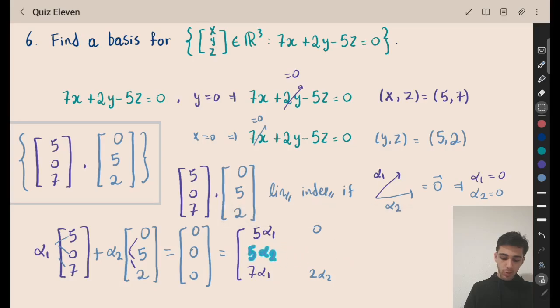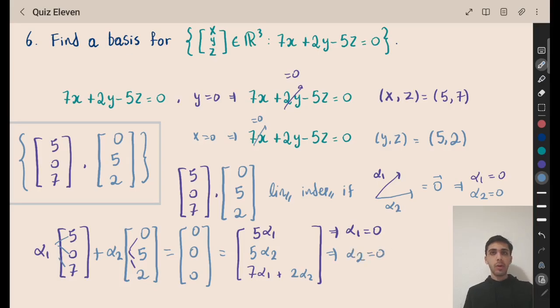Well, this is going to be 5 alpha 1, it's going to be 5 alpha 2, and it's going to be 7 alpha 1 plus 2 alpha 2. Guess what? If 5 alpha 1 is equal to 0, this means that alpha 1 should be equal to 0. And if 5 alpha 2 is equal to 0, then this means that alpha 2 should be equal to 0.